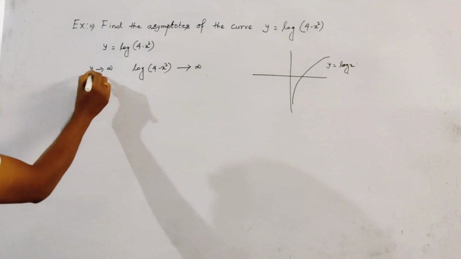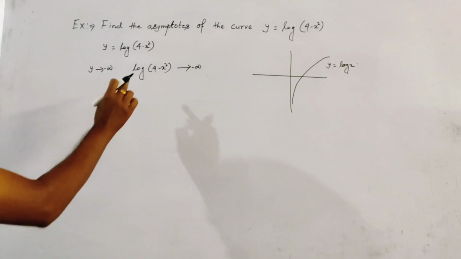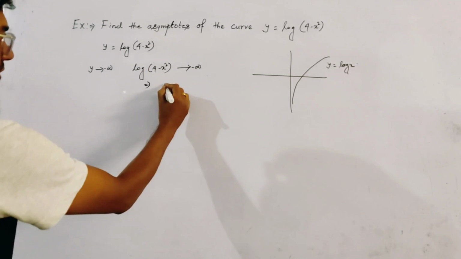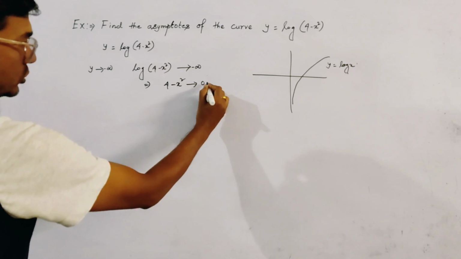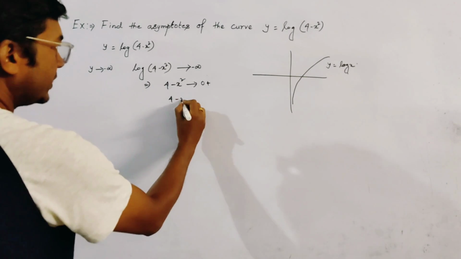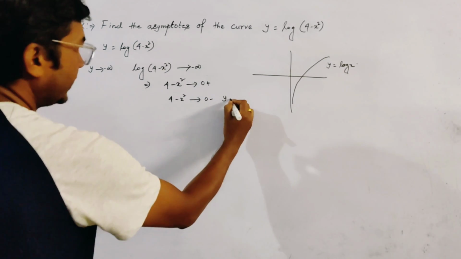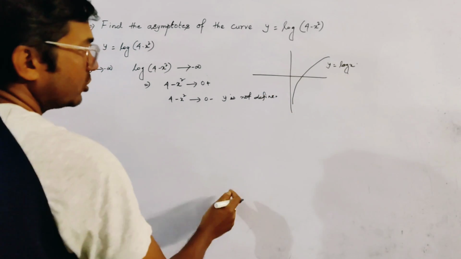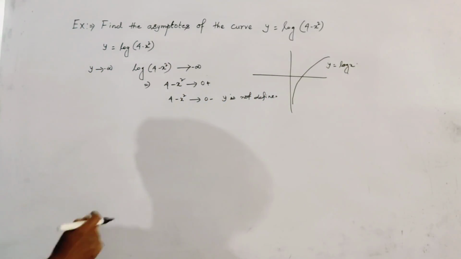So we take here y tends to minus infinity, and when log x tends to minus infinity, 4 minus x square tends to 0 plus. And when 4 minus x square tends to 0 minus, then y is not defined, because there is no logarithmic curve in the negative side of x.